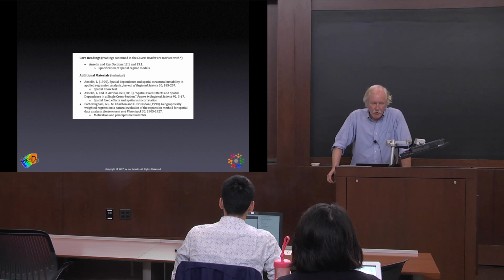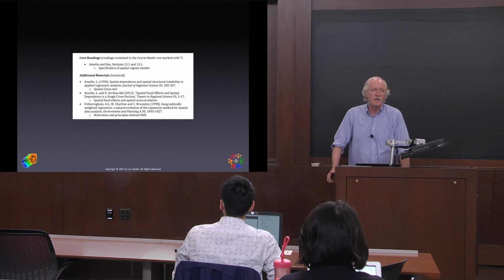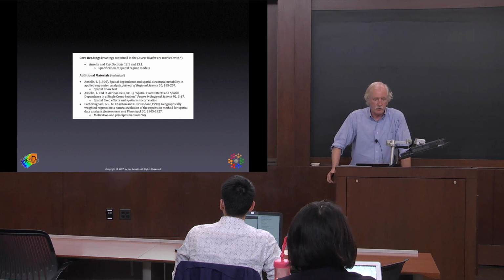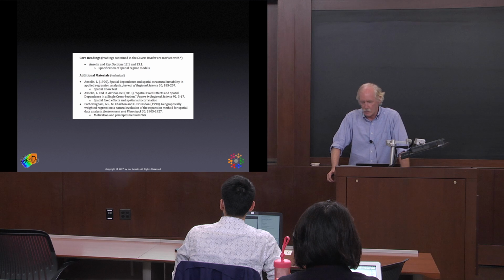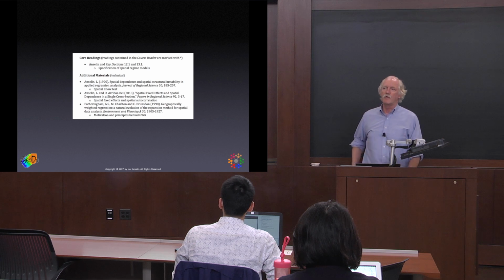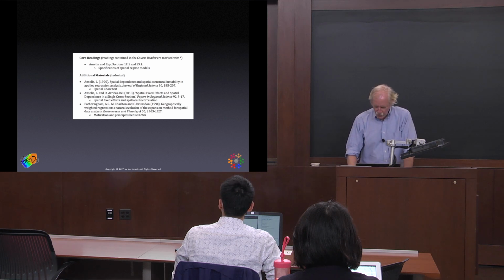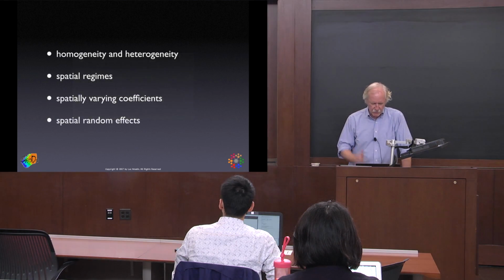And then a paper, which I'll talk about a little later, addresses the notion of spatial fixed effects and the extent to which they actually take care of spatial autocorrelation, and the short story is they don't. And then there are many articles on geographically weighted regression. I know some of you have used this before, and I just want to put it into perspective a little bit.